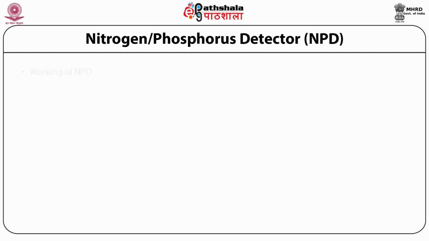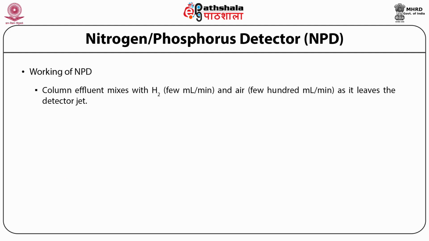Now, looking at the working of the nitrogen phosphorus detector, column effluent mixes with a few milliliters per minute of hydrogen and a few hundred milliliters per minute of air as it leaves the detector jet. With the low flow of hydrogen, there is actually no flame at the tip of the detector jet.